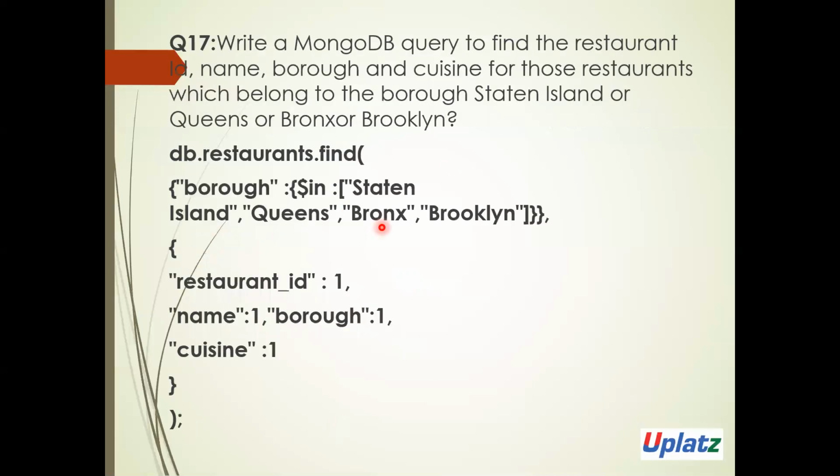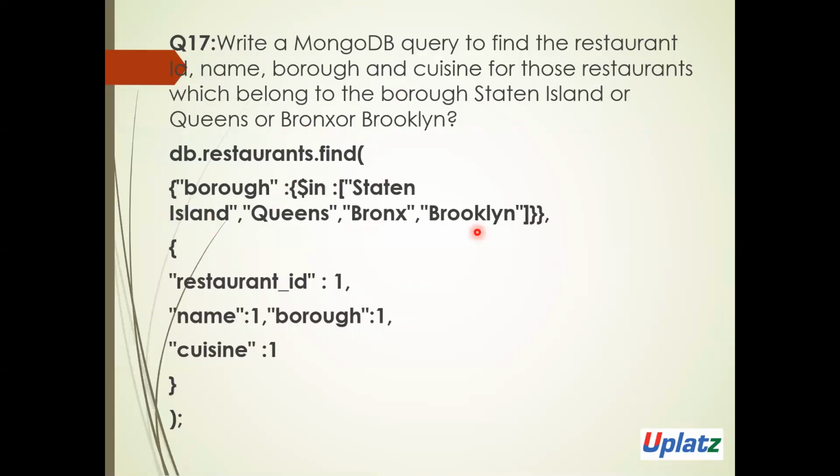So the next question is: write a MongoDB query to find ID, name, borough and cuisine for those restaurants which belong to the borough Staten Island, Queens, Bronx, or Brooklyn. So here for borough, what they have taken, it should be either Staten Island, Queens, Bronx, or Brooklyn.